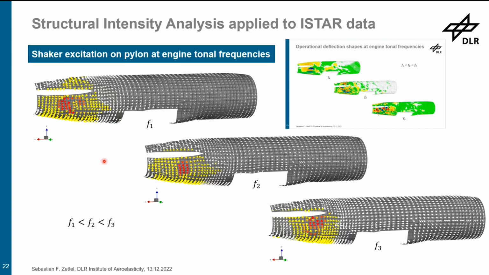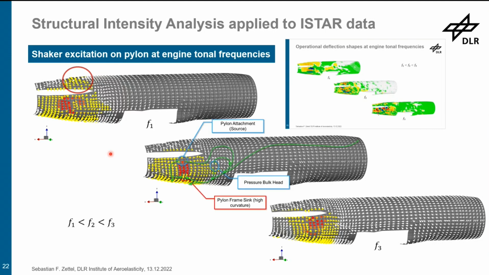And to do a comparison between these fields, I had a look into where the differences are. In comparison to F2 and F3, at the frequency F1 there are also power flows appearing on the top of the pylon, which is not present in the other cases. And for F2, we did a more detailed transfer path analysis.